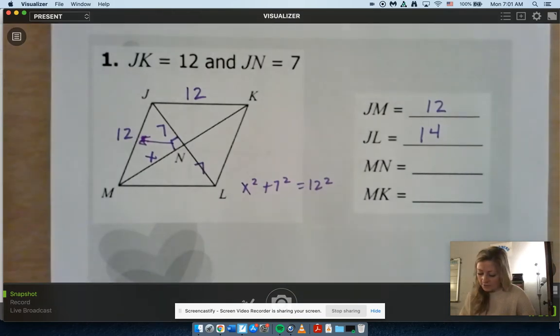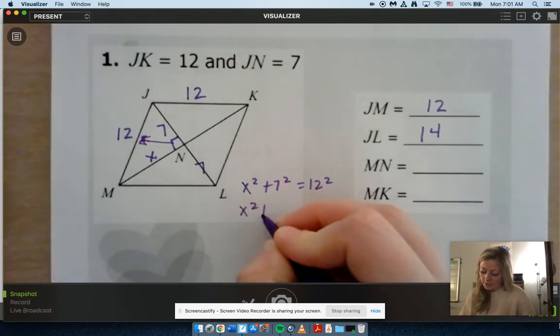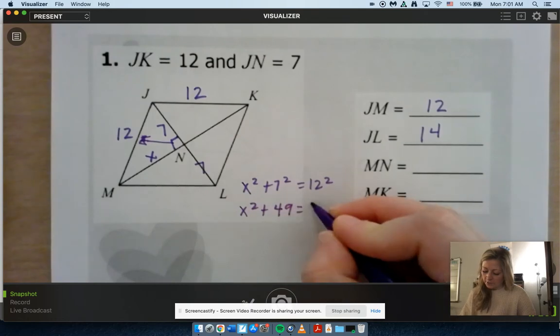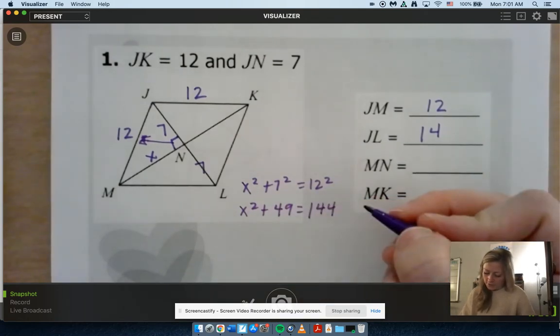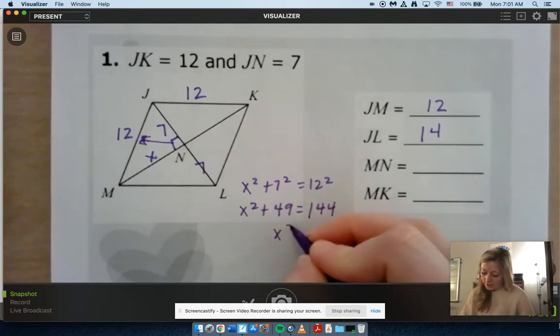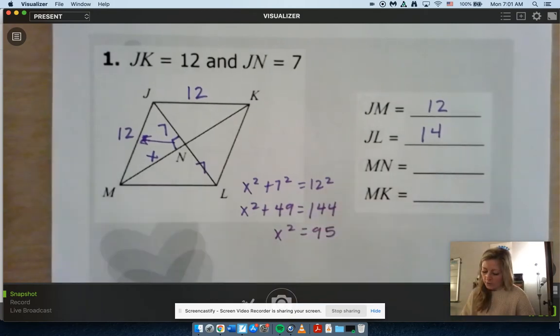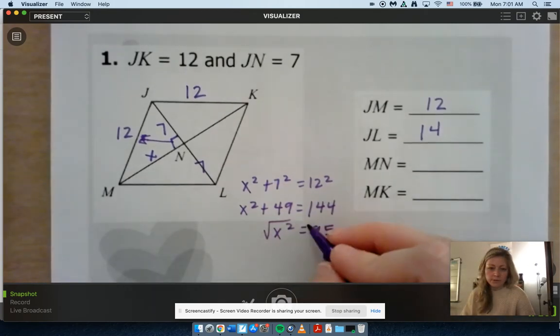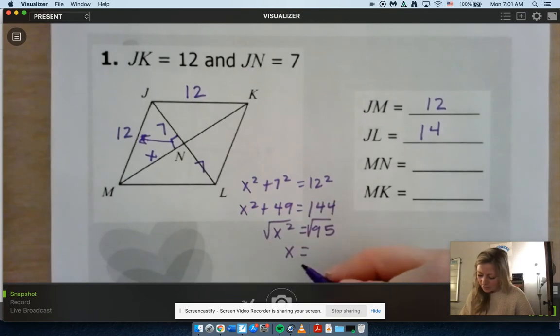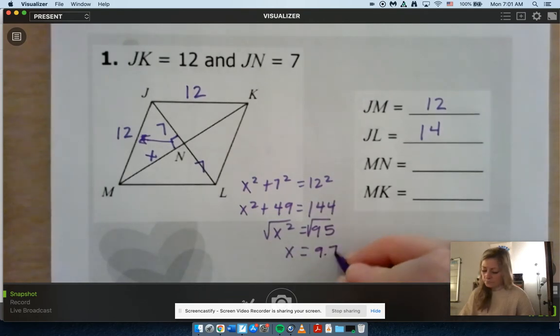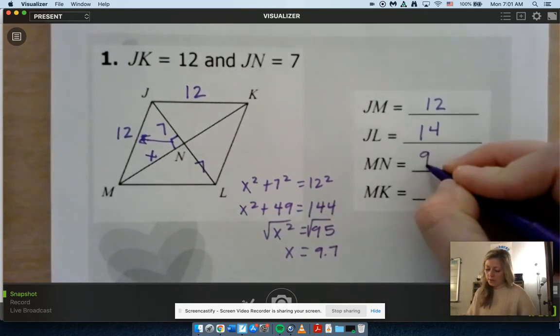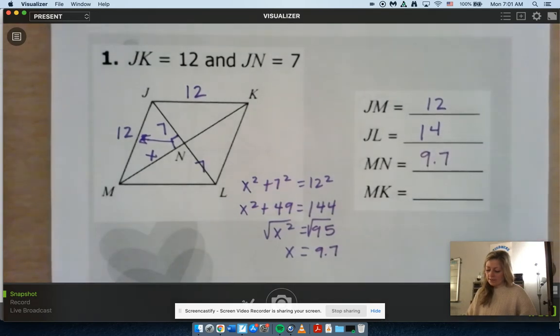Crunch out these numbers. 7 squared we know is 49. 12 squared is 144. Subtract over. We get 95. Square root of 95. We should get x equals 9.7. So MN is 9.7.